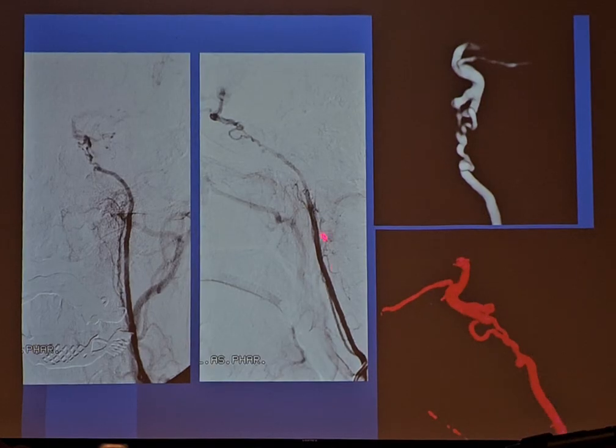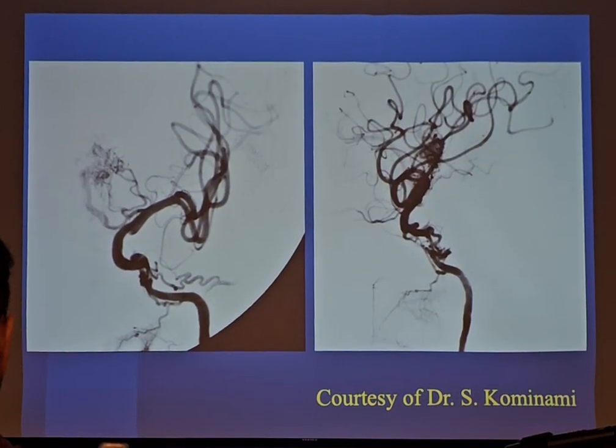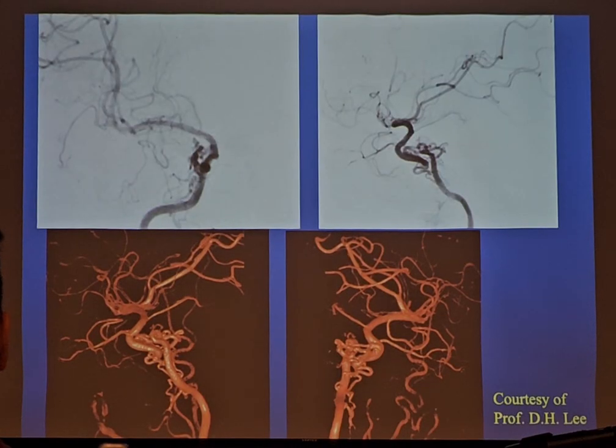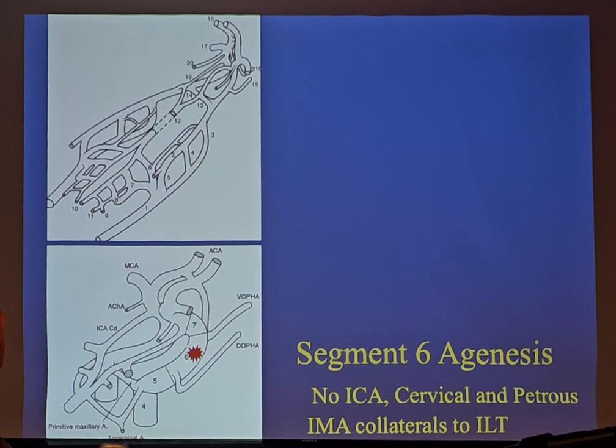You can see the internal carotid artery, a red tail-like reconstitution to the distal internal carotid artery. This is from Kominami. You can see the multiple sections. Okay? And this is from Asan Medical Center. Dr. Lee gave this case to me. And you can see the different channels reconstituting the distal internal carotid artery.